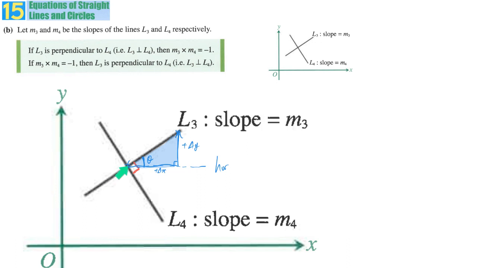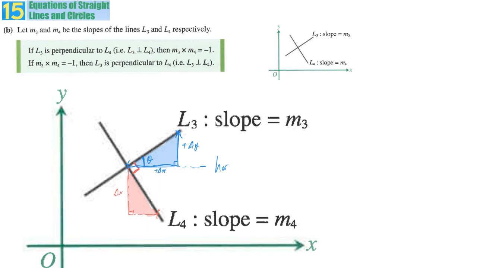And then if we analyze from this point to another point on line 4, we have a vertical line and a horizontal line also. If I set the length, since these two triangles are congruent, this line will be delta x also.